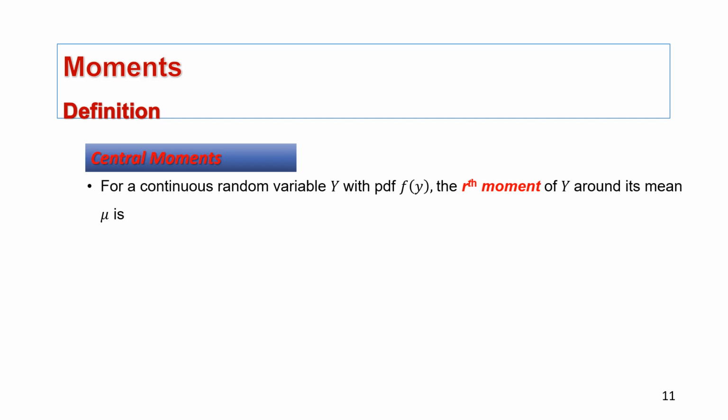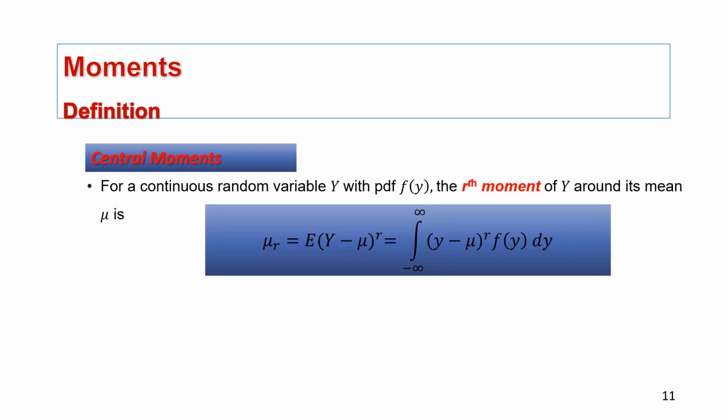The central moments: the rth moment of y around the mean. This is the difference between the central moment and the non-central moment. In non-central, it's the rth moment around the origin. But here, the central moment is the rth moment around the mean mu.